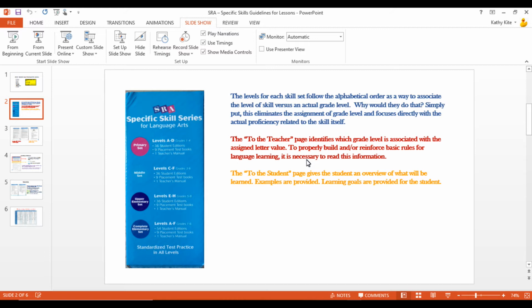And the To the Student page, when we get to that page on the next slide, you're going to notice that they lay out the information the way that a teacher would present it on the board in class.